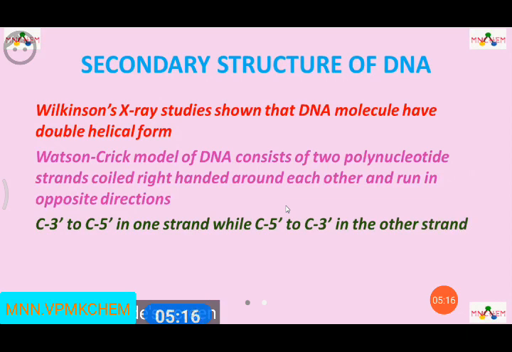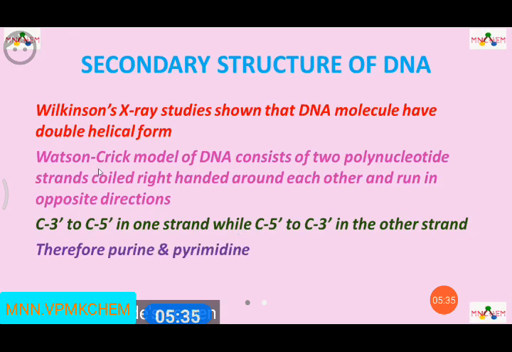These are the directions. When we talk about the two strands, they run in opposite direction. For one strand, it is C3' to C5', and for the other, it will be C5' to C3'. How does it affect?